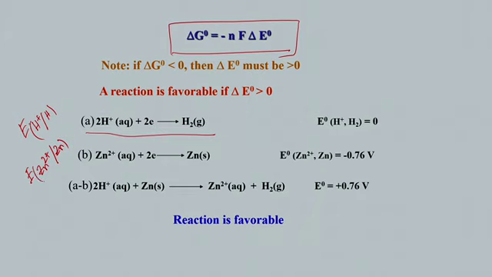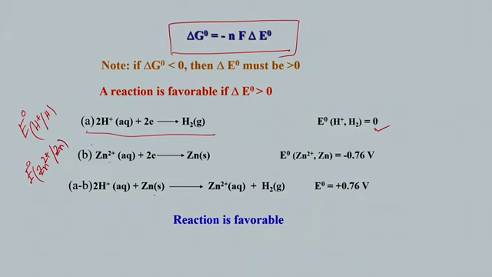And if it is standard condition, you should write like this. So, you will see here this is 0 and Zn2+ plus 2 electrons. Okay. So, this is minus 0.76. Okay. And if you just do the A minus B subtraction, so 2H+ plus Zn gives Zn2+ plus H2.